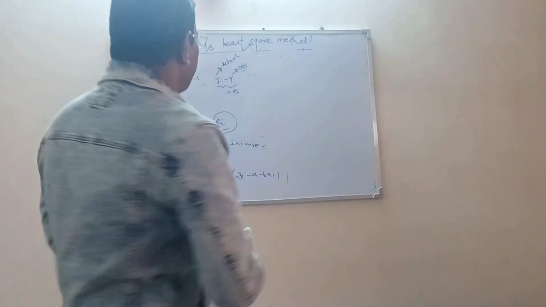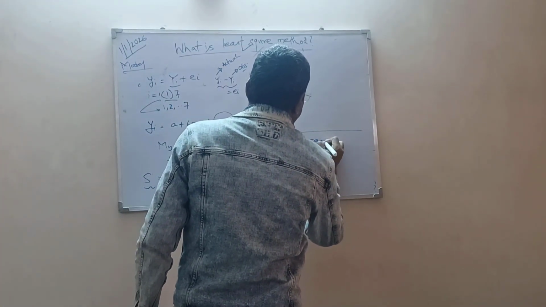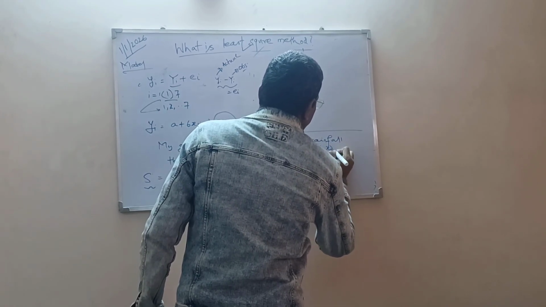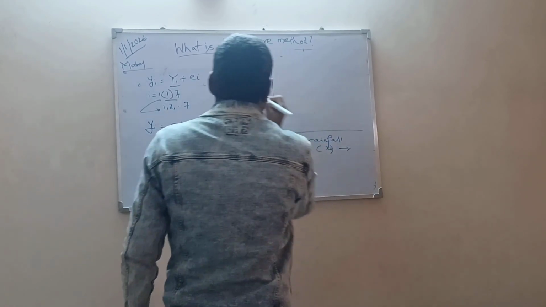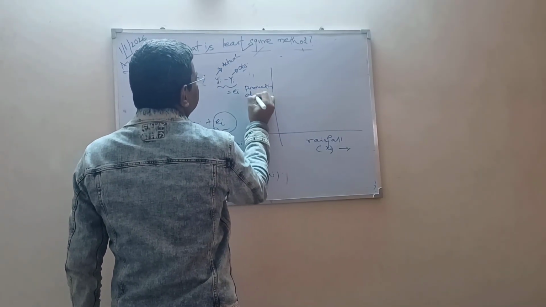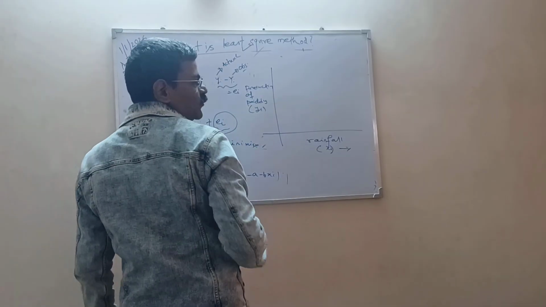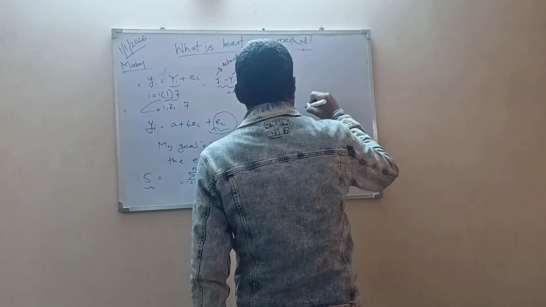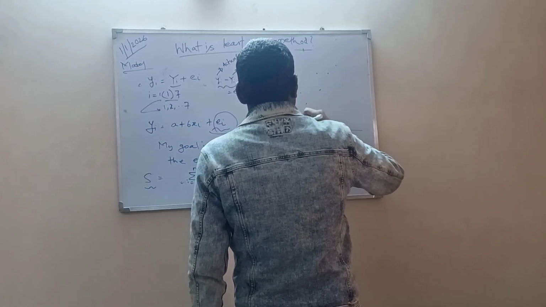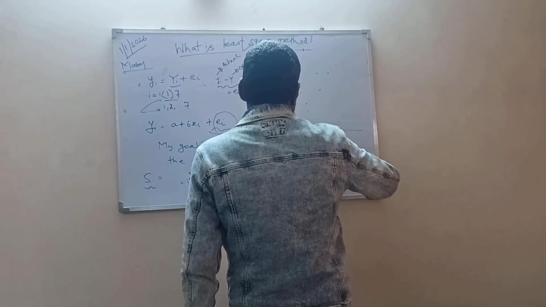So basically what we have here is something like this. This is my rainfall, xi, and this is my production of paddy, yi. So I have some data like this, 1, 2, 3, 4, 5, 6, 7, suppose.